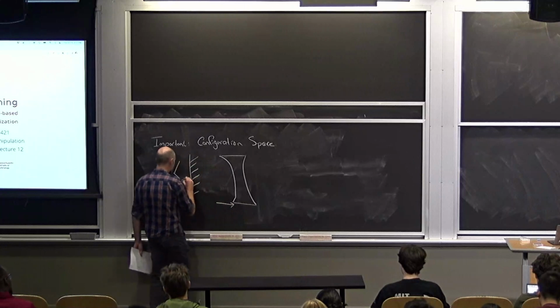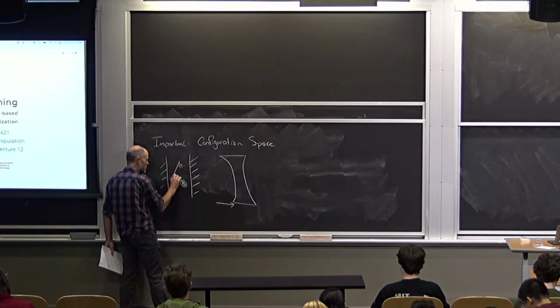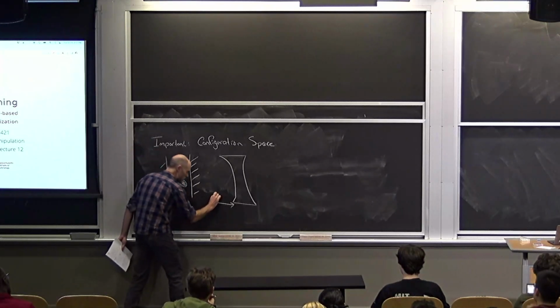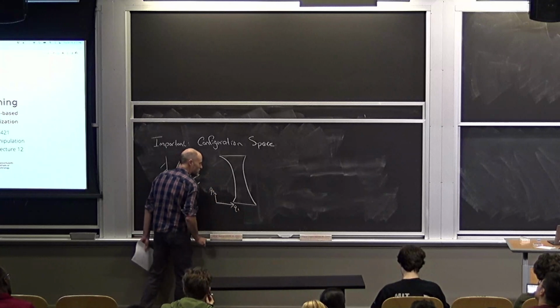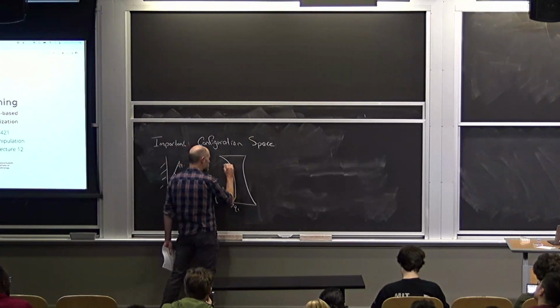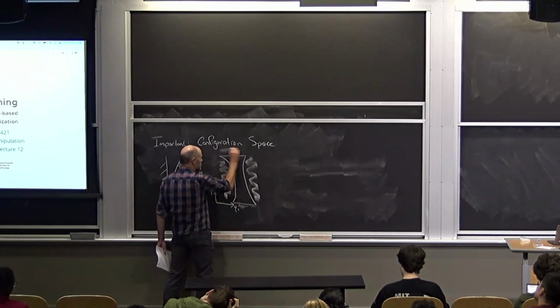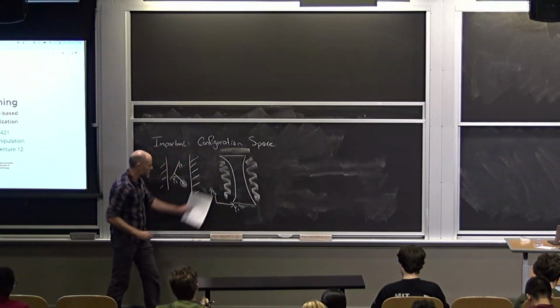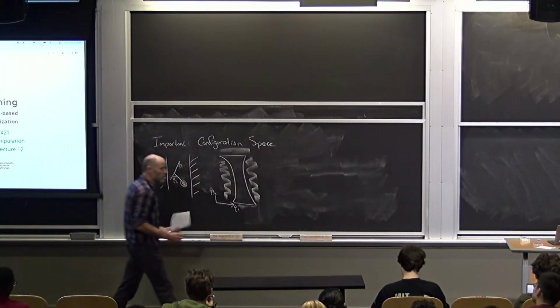If I were to say this angle here was Q1, and this angle here was Q2, and I made a plot of the configuration space in Q1 and Q2, then these were obstacles over here. This is maybe joint limits up here, and the valid configurations were in the interior of that curvy hourglass kind of shape.